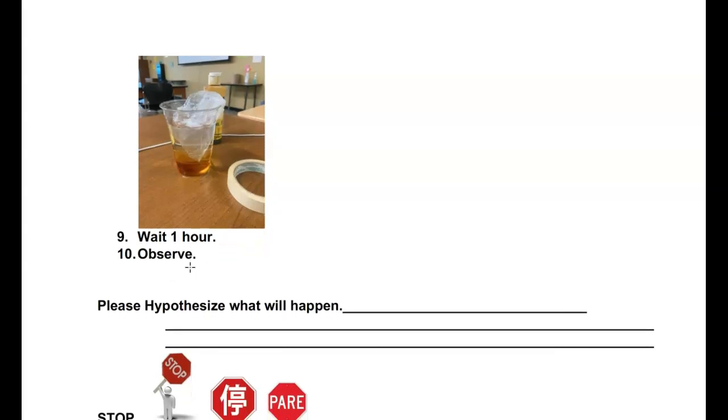Before we go any further, let's let you hypothesize. Go ahead, once we do this, I want you to pause and make sure you write down a hypothesis. It can be an if-then statement if you're more comfortable with that format, or not. What do you think is going to happen? We've got IKI in the water in a cup. We have starch in the water in the bag. We'll wait an hour. What's going to happen?